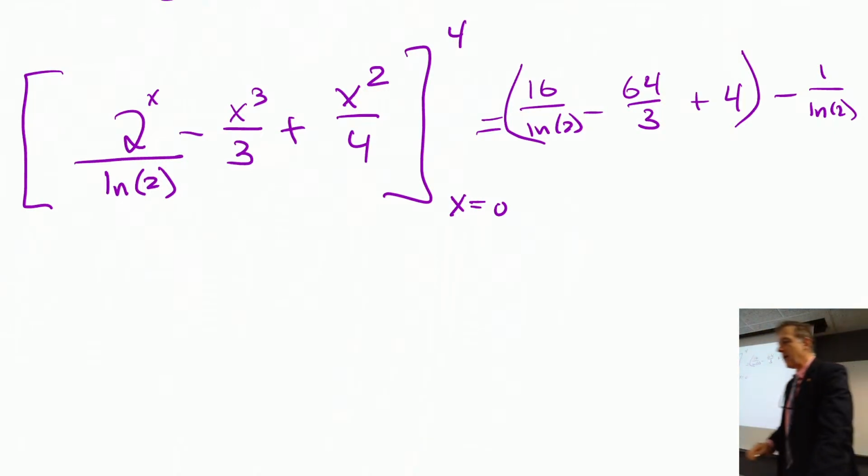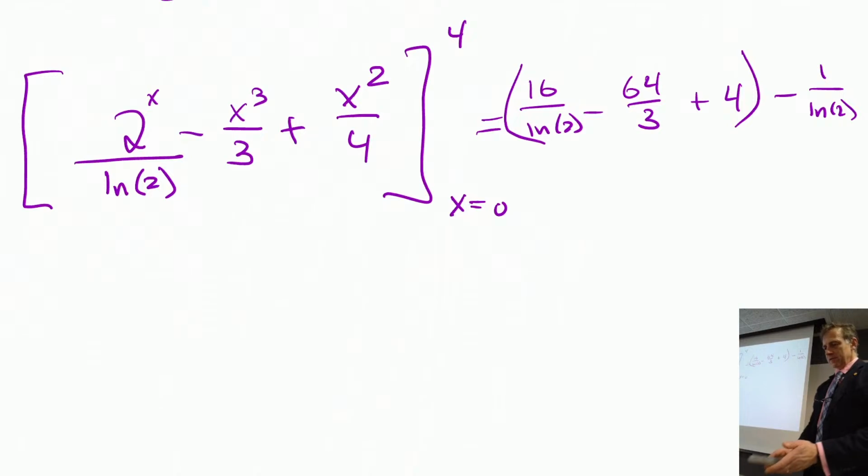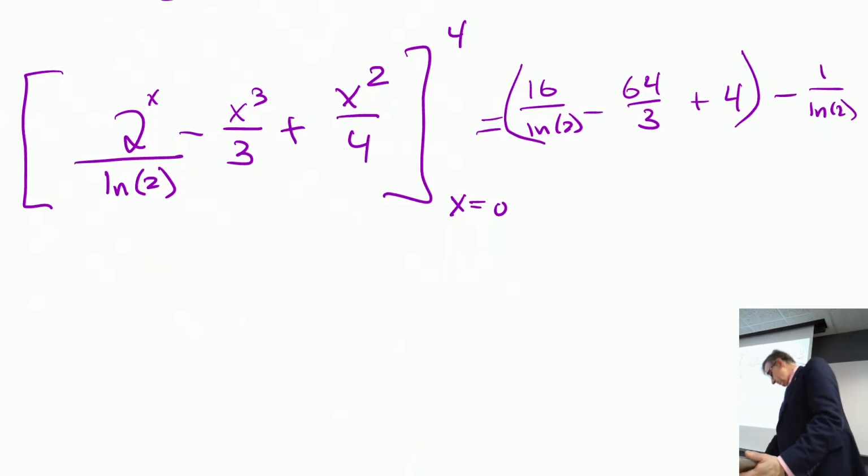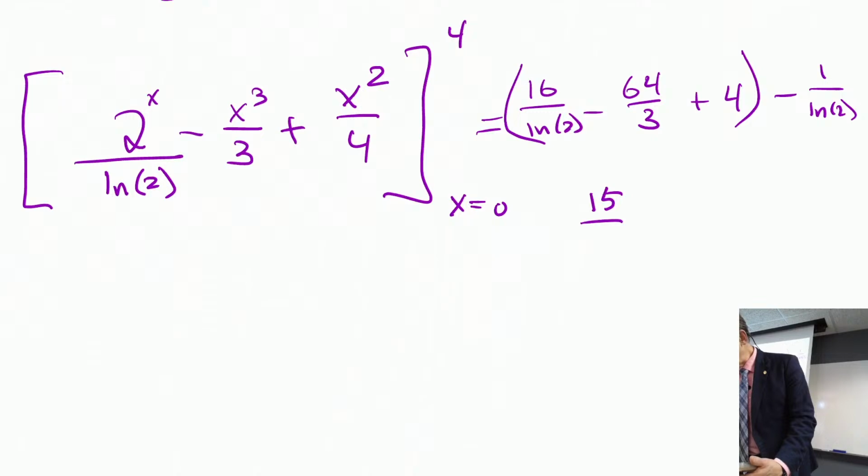All right, I'm going to have to use my calculator at this point. We could just write it down. I guess that's going to be 15 over natural log of 2 minus 52 thirds. I think that's what it is.